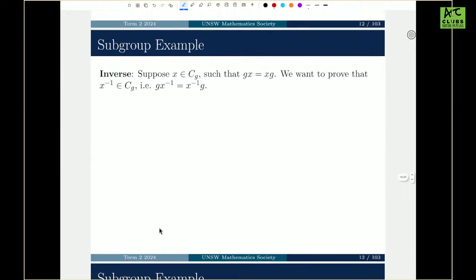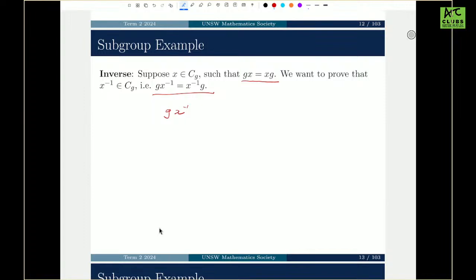Okay, on to inverses. If you have an x in C(g), you want its inverse to also be in there. So you need to show this. And we kind of want to use this fact. So I'll say g x inverse.